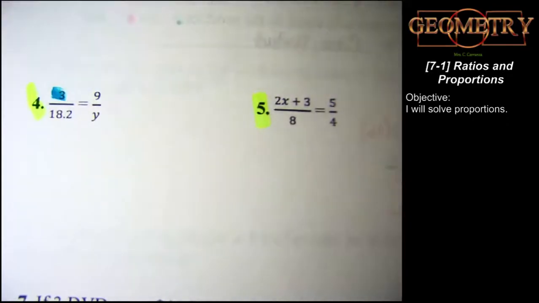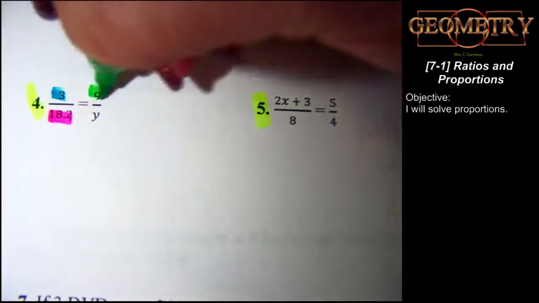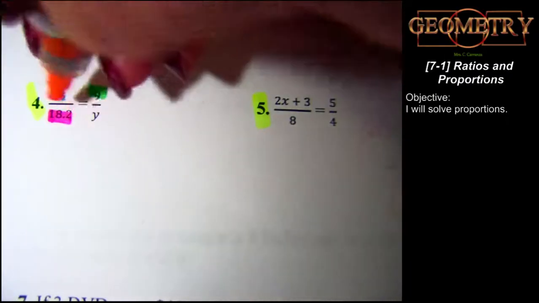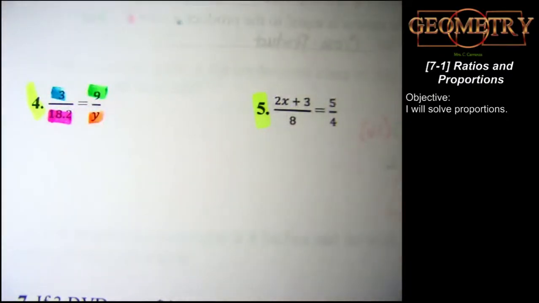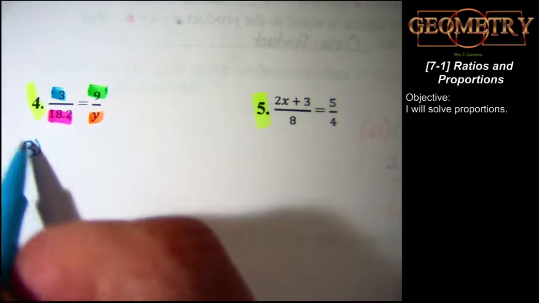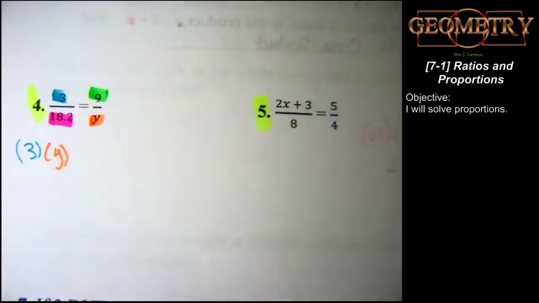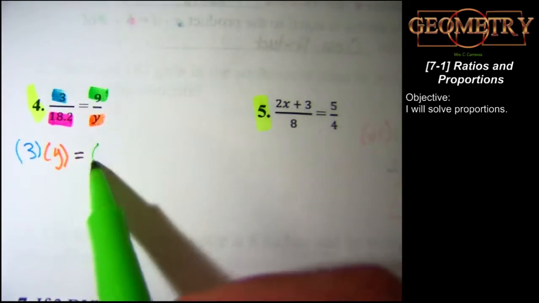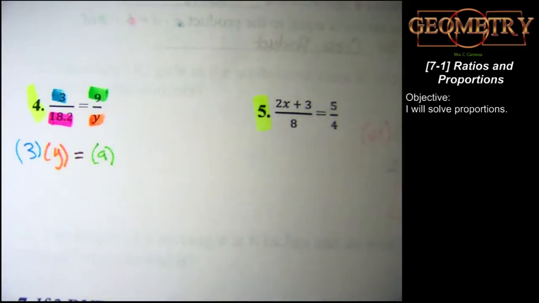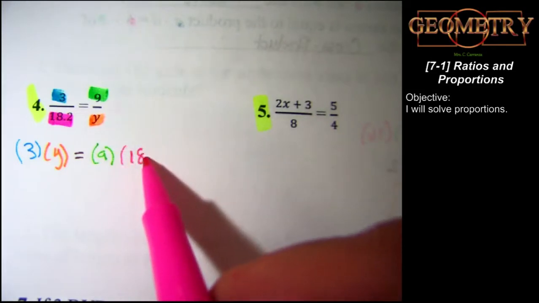Okay? As always, I'm going to set up my color coding so that you can keep track of where I'm putting what number and the reason for it. Trying to avoid saying the word why because it's going to sound like I'm talking about that letter. Okay, so 3y equals 9 times 18.2.